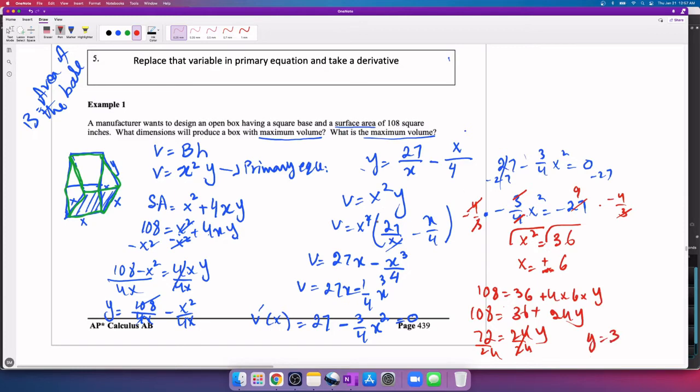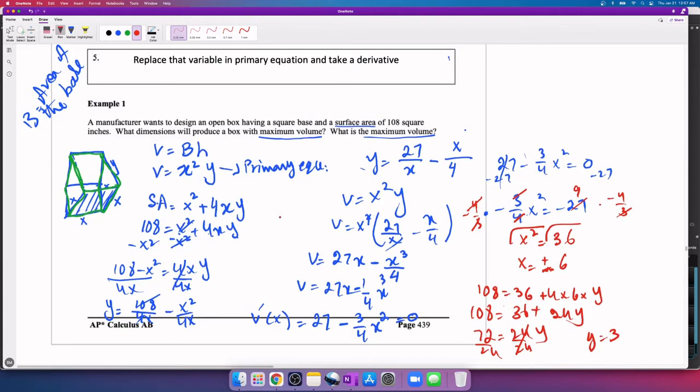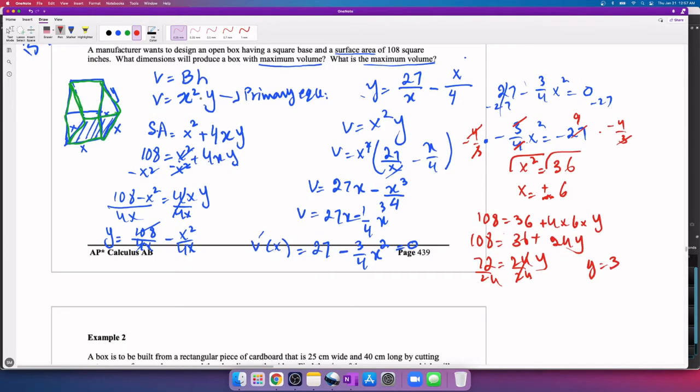They ask what dimensions will produce a box with a maximum volume. So since we know x is 6 and the y value is 3, we got everything. And since the x value means 6 by 6, that's the dimension. So I'm going to say the dimensions are, okay, how do we write dimensions?